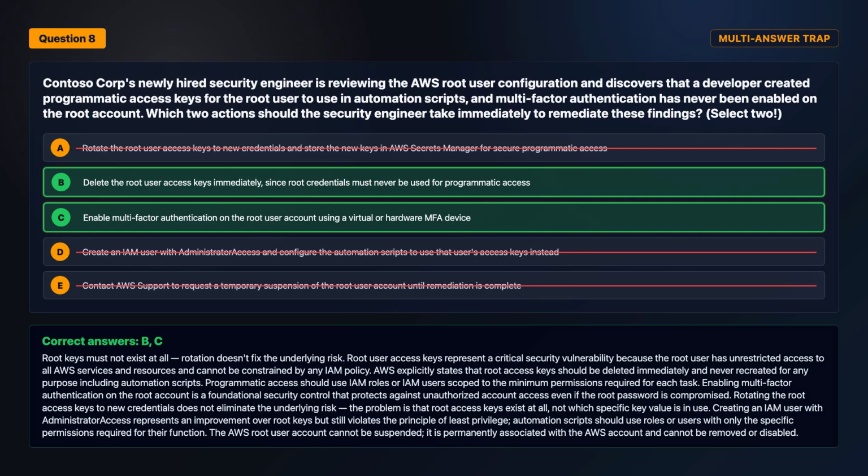Creating an IAM user with administrator access represents an improvement over root keys, but still violates the principle of least privilege. Automation scripts should use roles or users with only the specific permissions required for their function. The AWS root user account cannot be suspended. It is permanently associated with the AWS account and cannot be removed or disabled.